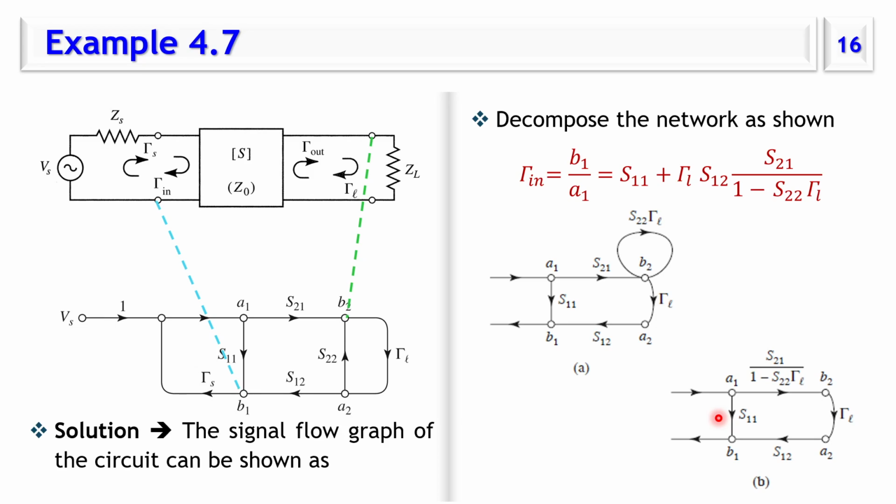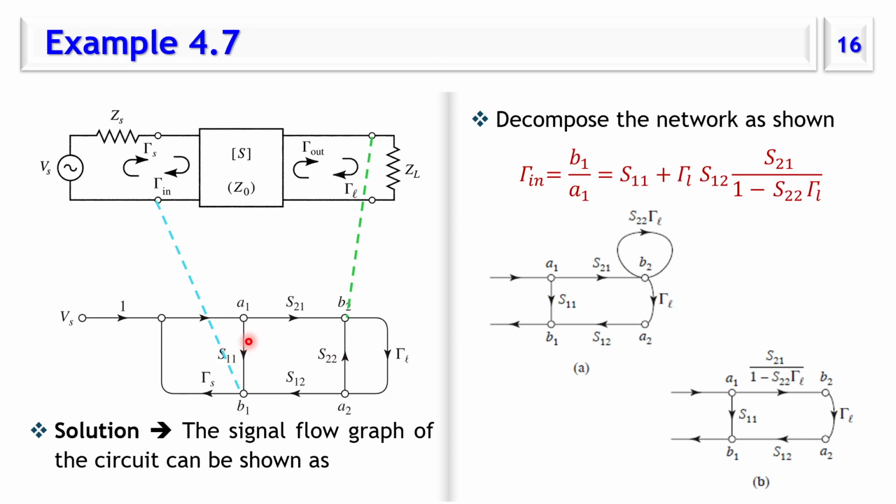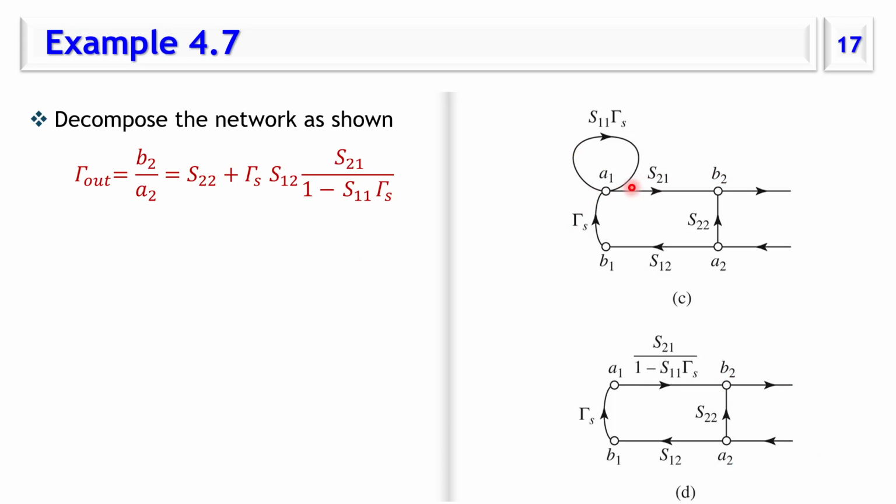For calculating gamma out, at the source we have gamma S, and what we do is take S11 out. So we're going to have this loop placed here, and the direction doesn't matter.